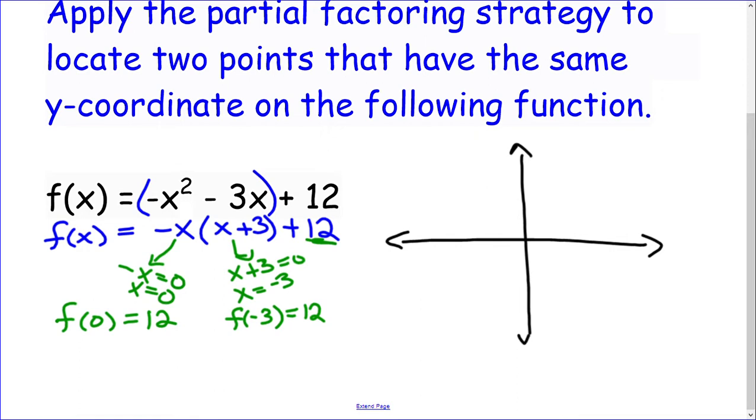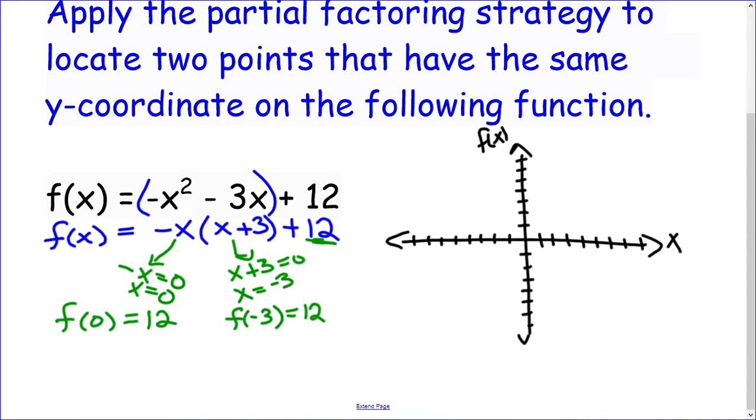I have 2 values here at 12, and they're at 0 and negative 3. So 1, 2, 3, 4, 5, 6, 7, 8. Now this one's going to go up to 12, so I'm going to jump my f of x axis by 2's: 2, 4, 6, 8, 10, 12, 14.